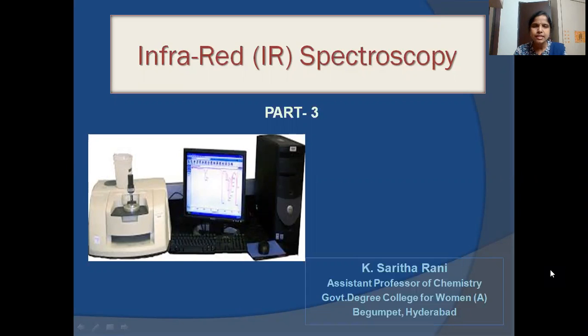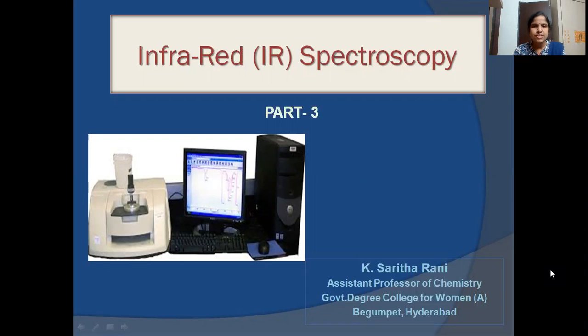And we have also seen the factors affecting the vibrational frequencies and the instrumentation part, that is FTIR, Fourier transform infrared spectroscopy. In that, we have seen that the time domain spectrum has to be converted to a frequency domain spectrum. So how was it converted? A complex spectrum has been converted into a frequency domain spectrum so that it is very easy for us to analyze the spectra.